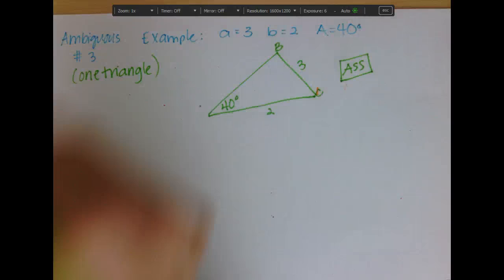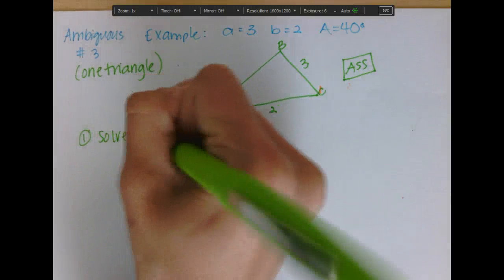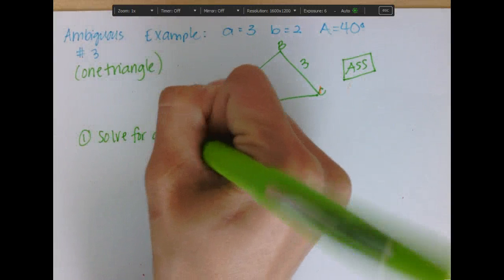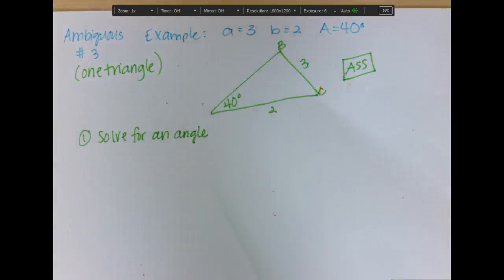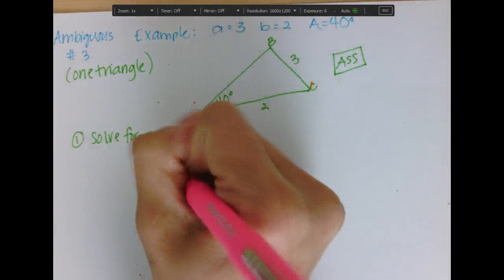Okay, so first thing we want to do is solve for an angle. Just like in the last two examples that we've looked at, we're going to try to use the law of sines, and we're going to have to use an inverse.